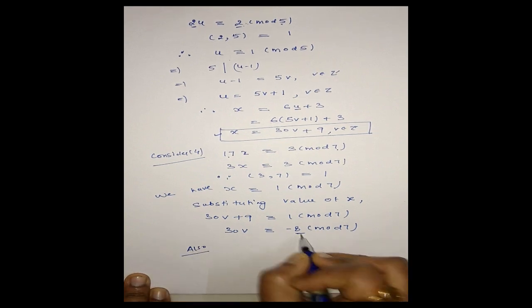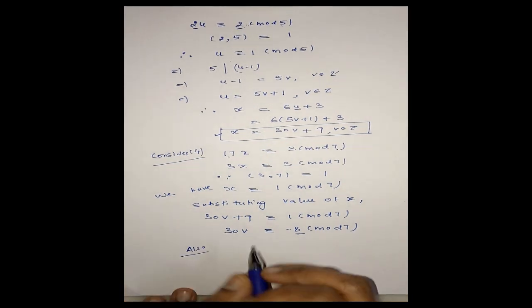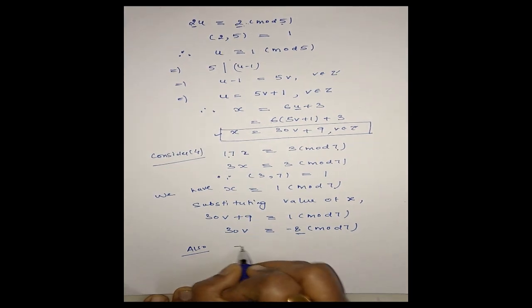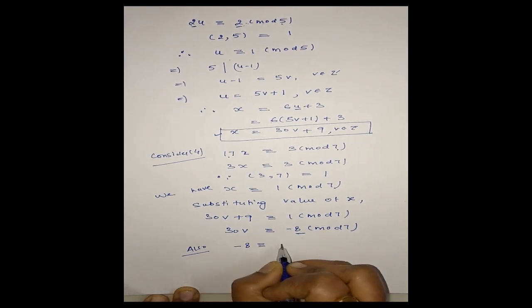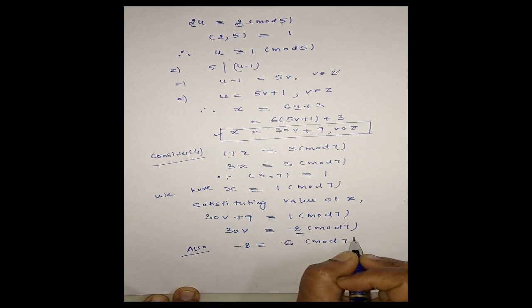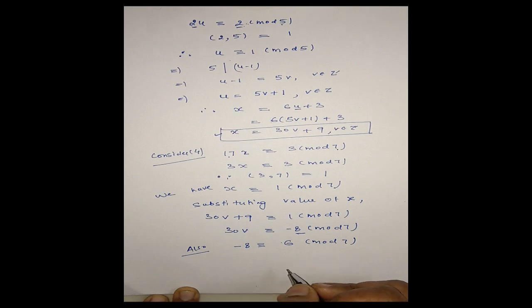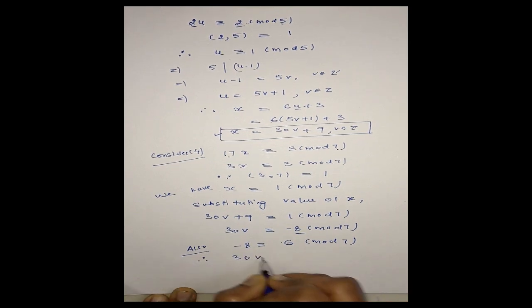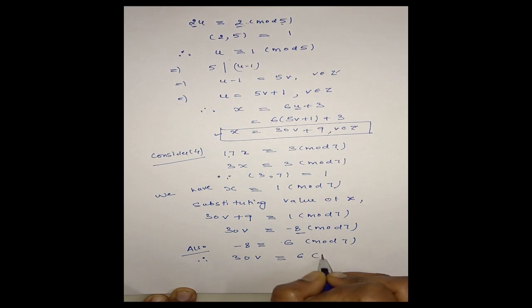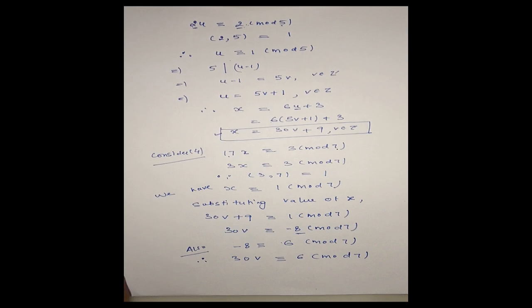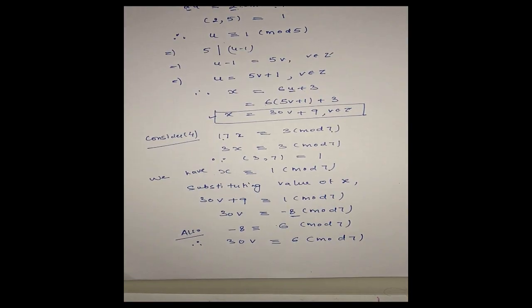Since we want the answer free from negative sign, minus 8 is congruent to 6 modulo 7, since 7 divides minus 8 minus 6, that is minus 14. Therefore, we have 30v is congruent to 6 modulo 7.